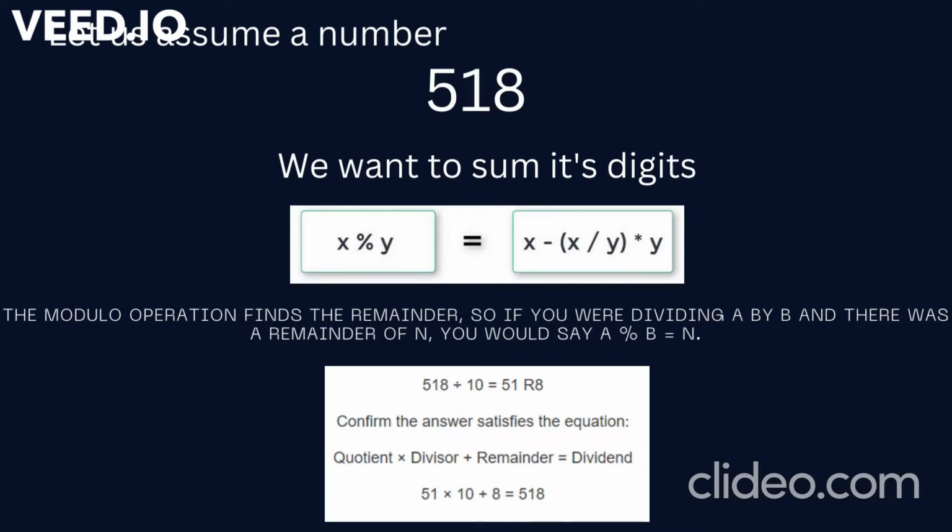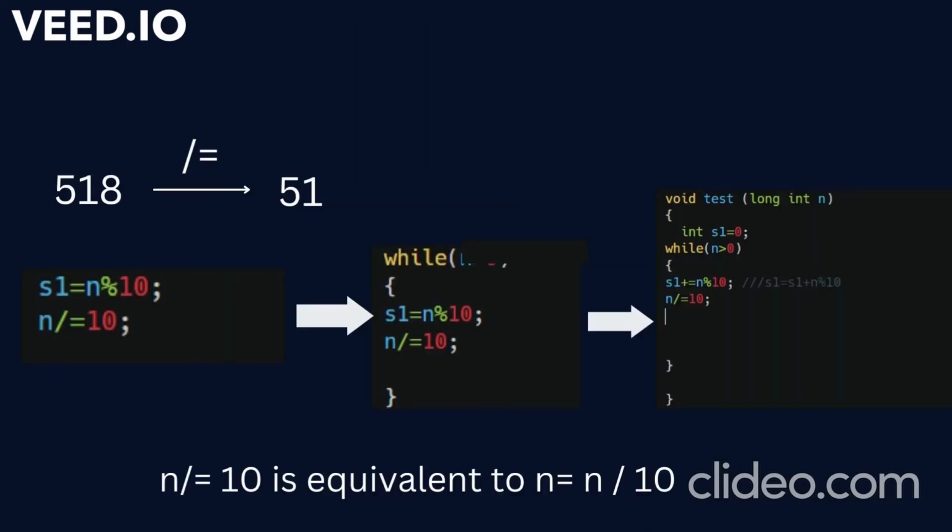So here the remainder will be 8. How will we get the other digits of the number? For this I will divide the number by 10. If we divide 518 by 10, we get 51.